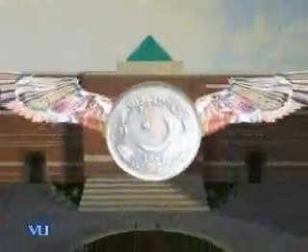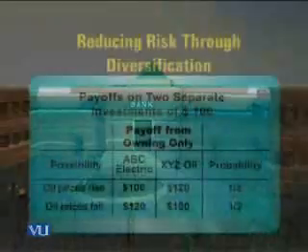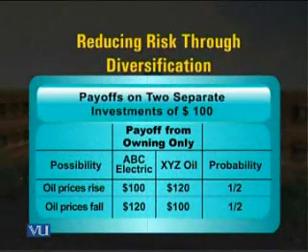In order to further elaborate on this concept, we have taken this particular example. So we have payoffs on two separate investments of $100 each. We are talking about two different companies. One is ABC Electronic and the other is XYZ Oil. One is an oil company and the other is an electric manufacturing company.